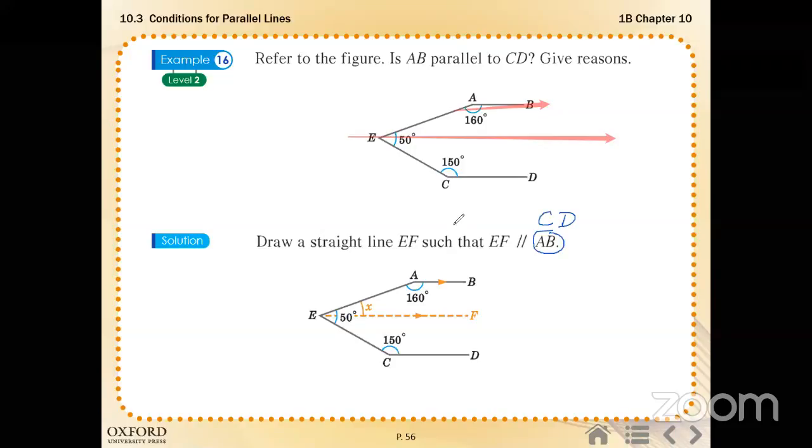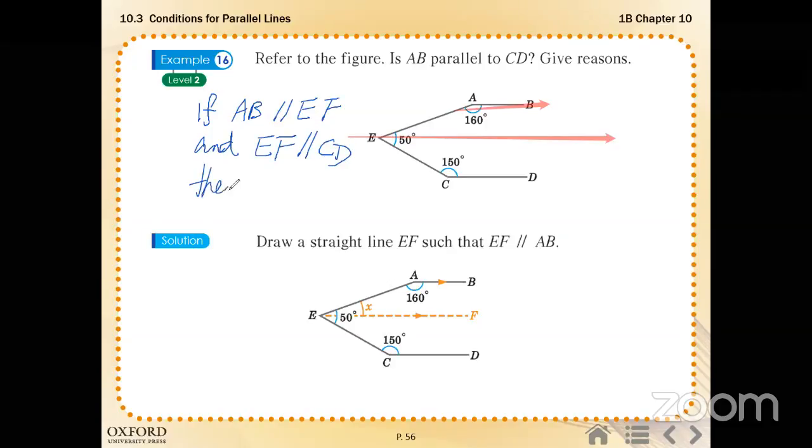Now, because we are doing it this way, if AB is parallel to EF, and if I can find that EF is also parallel to CD, then I can tell that AB is parallel to CD, right?